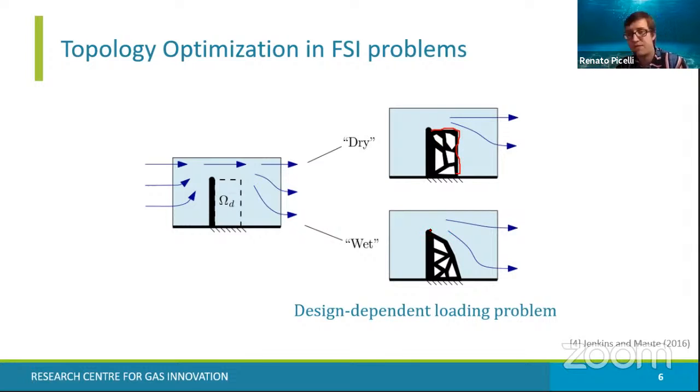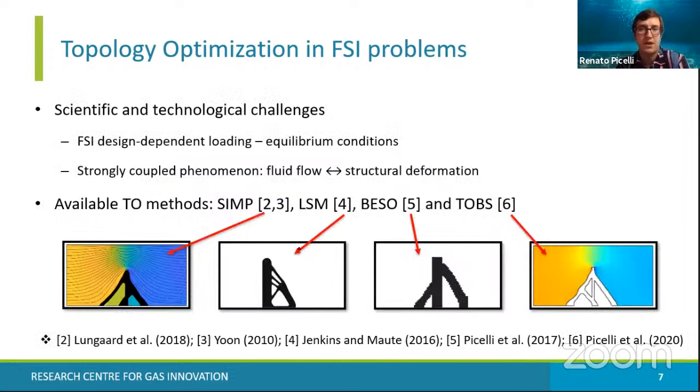But if you have your structure under water and allow the fluid-structure interfaces to change, you have what we can classify as wet optimization, and that's the problem we are looking at. The loads change according to your interfaces, so you have a design-dependent loading problem.